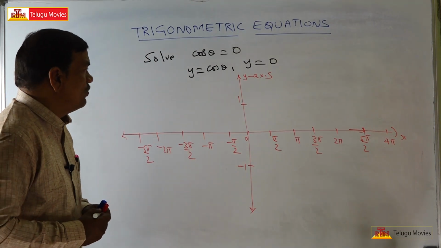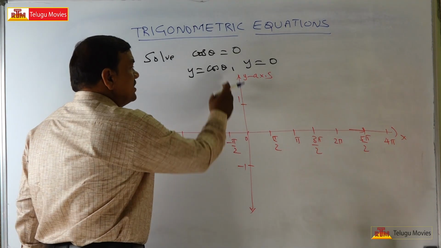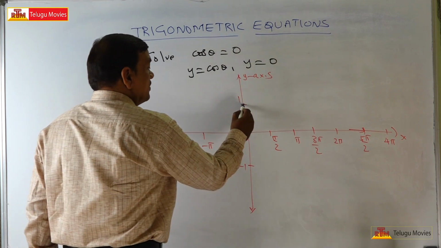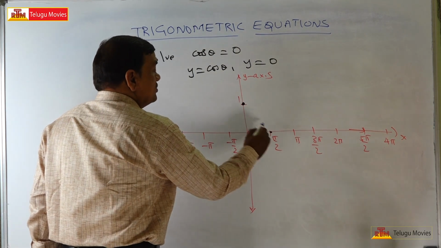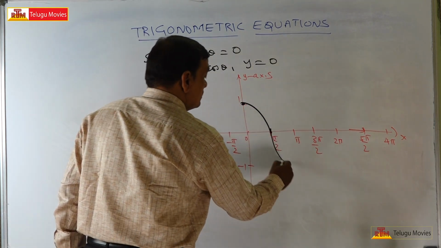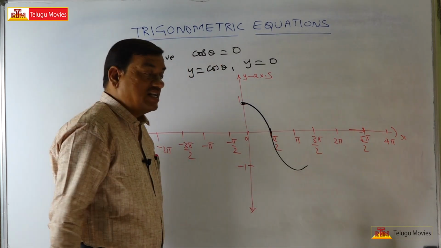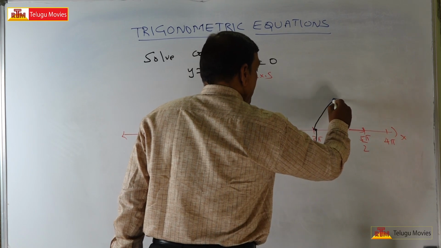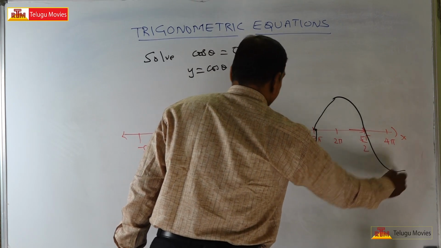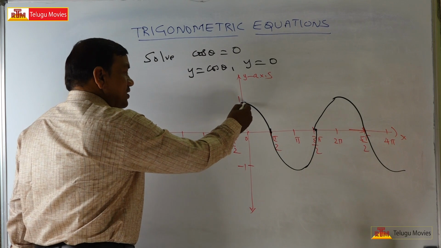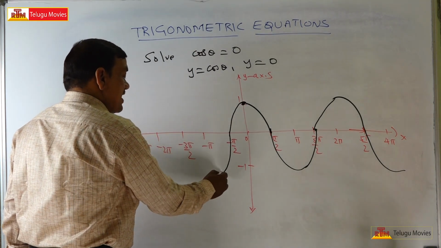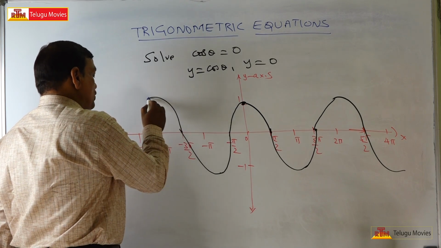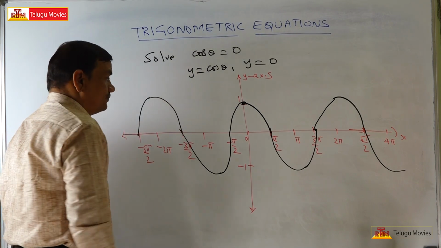Nice. We know that cos 0 is equal to 1. Cos pi by 2 is 0. Again cos pi is minus 1. Then cos 3 pi by 2 is 0, cos 2 pi is 1, cos 5 pi by 2 is 0. Again it will come. Coming to the negative side, cos of minus pi by 2 is 0, cos of minus pi is minus 1, again minus 3 pi by 2 is 0, minus 2 pi is 1, again minus 5 pi by 2 is 0.